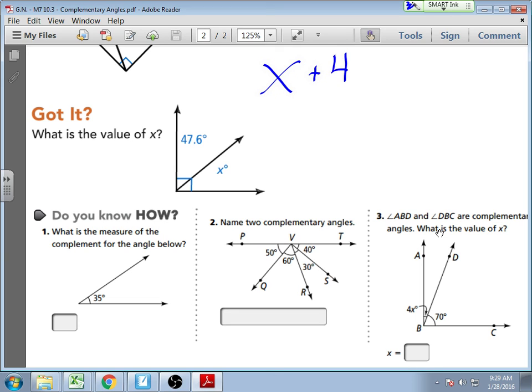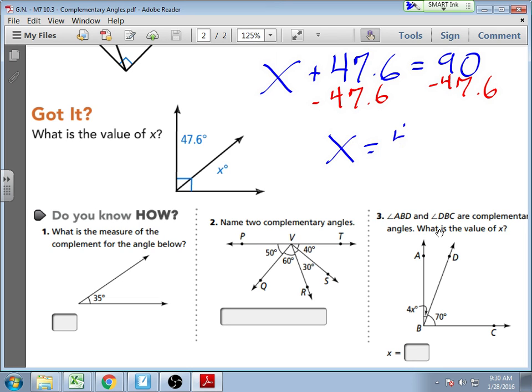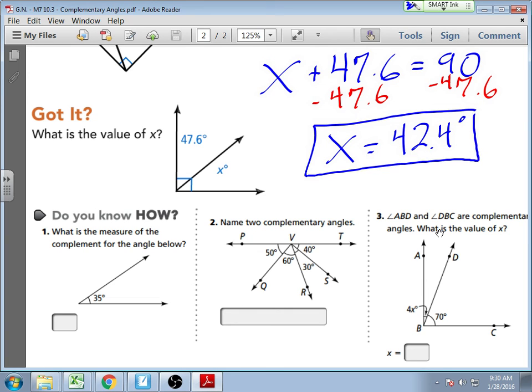Oh, come on, I didn't want the answer, I wanted the equation. You subtract 47.6 on each side, which is... Hey, guys, bring it back together. Luke's talking us through this. We subtract the 47.6 on both sides, and we get, again, give it to me, 42.4 degrees.